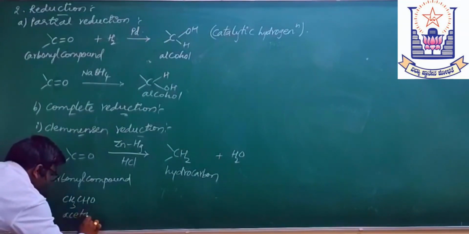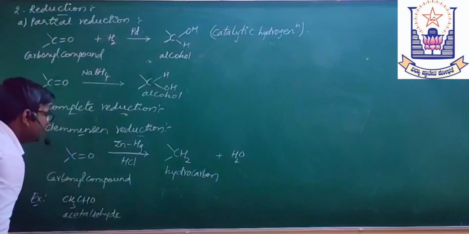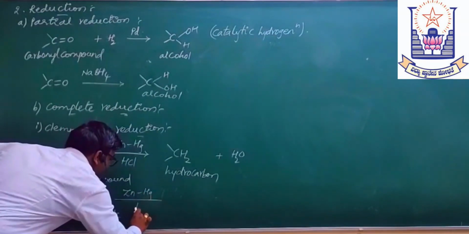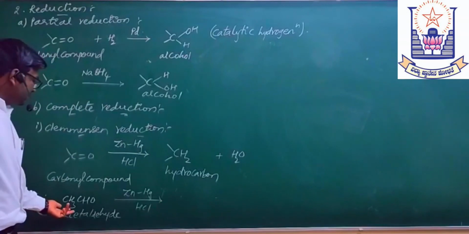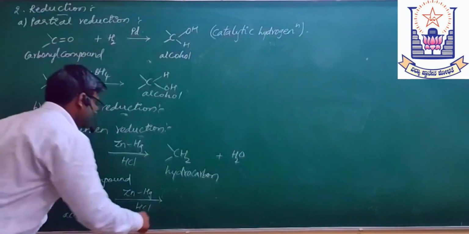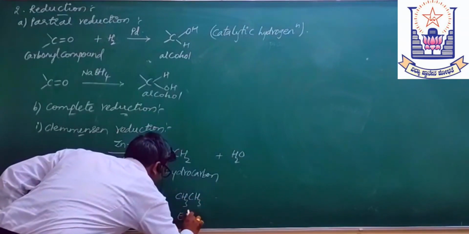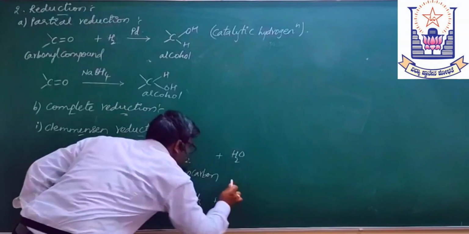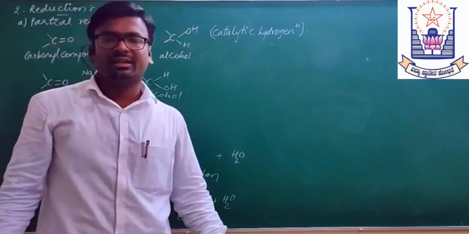What is this? An aldehyde. When acetaldehyde is treated with zinc amalgam in the presence of hydrochloric acid, you will get the corresponding hydrocarbon, that is ethane, plus H2O. That oxygen is coming out. Removal of oxygen is called reduction.